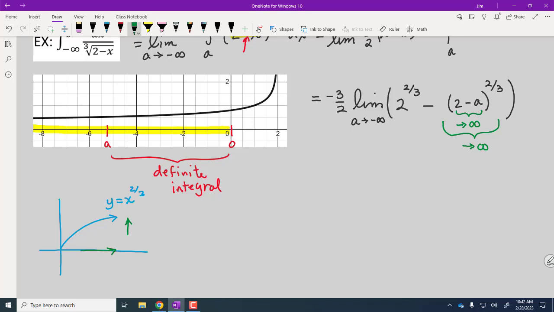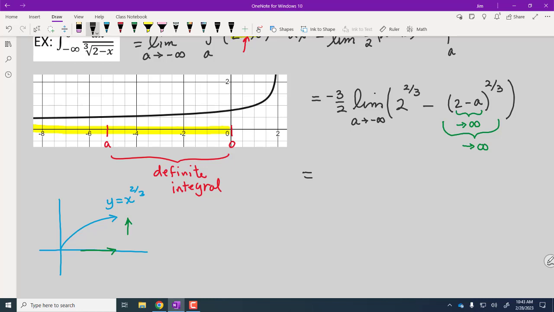So this function down here, this is what we're analyzing, x to the 2/3. As we go out towards infinity this way, the y values go towards infinity up. So that limit is going to end up being a constant minus infinity.